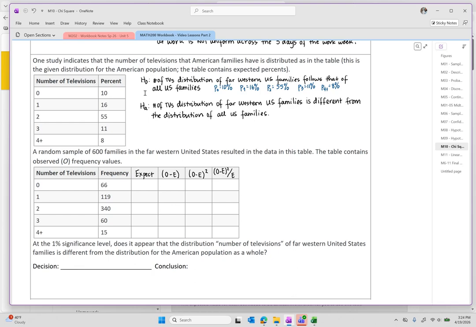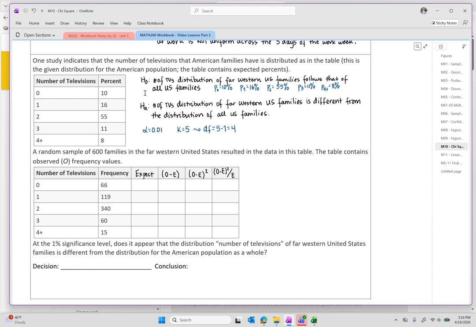The alternative hypothesis will be that the number of TVs distribution for far western US families is different from the distribution of all the US families. And we have a significance level of 1%, and we have 5 categories, 0, 1, 2, 3, or 4+ TVs, and therefore degrees of freedom will equal 5 minus 1, or 4.